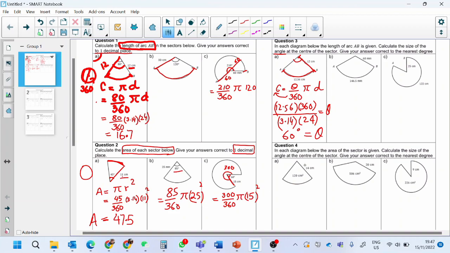Okay, so in the same way you can find the angle here as well. The arc length has already been given to you, this length, 146.5 mm.